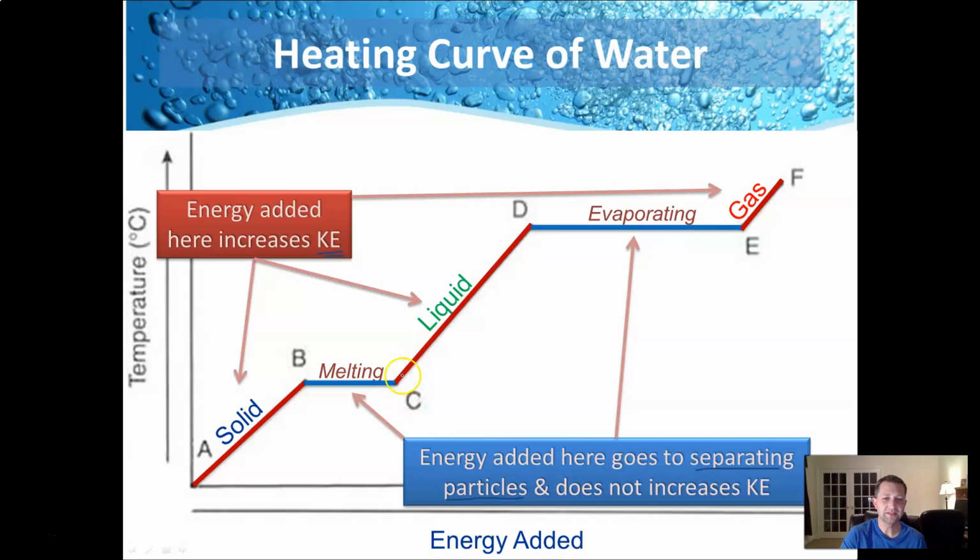Once the liquid state is the only state of matter you have, and you're continually heating that, now the particles can move faster and you can increase your temperature. But while you have a phase change, melting or freezing, evaporating or condensing, all the energy being supplied is not going into increasing the kinetic energy. All the energy being supplied is going into breaking forces of attraction.